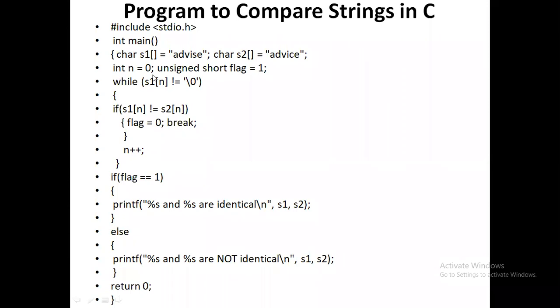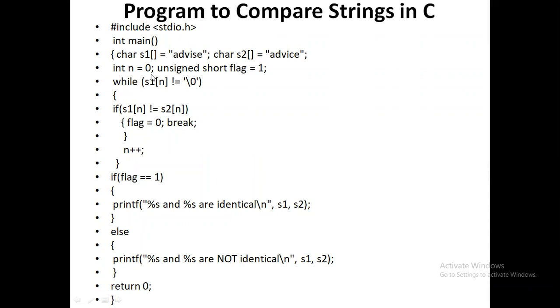So int n is equal to 0, unsigned short flag is equal to 1. Now I will be entering the loop while S1 of n not equal to 0. If S1 of n is not equal to S2 of n, flag is equal to 0, break, and next n plus plus. So I will be comparing character by character of S1 and S2, starting at 0.